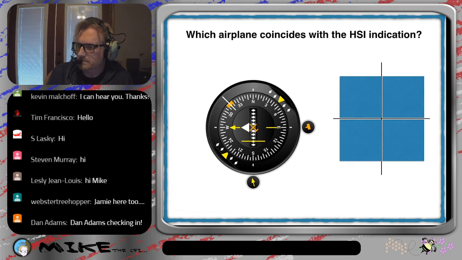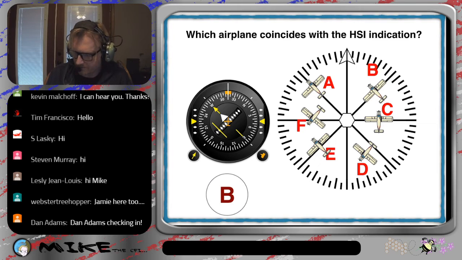Again, the VOR needle is showing that the VOR is over that way relative to you, and then relative to you, the course line is that way. So that means that you must be on this half of it and in that upper right-hand quadrant. Therefore, we must be letter B.